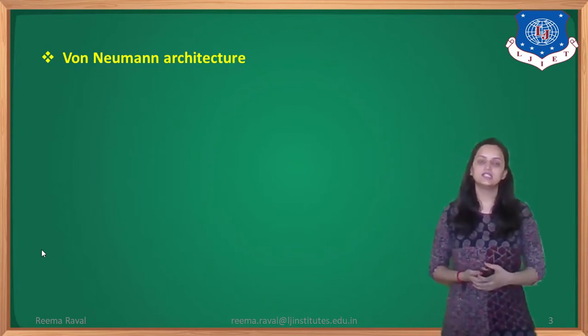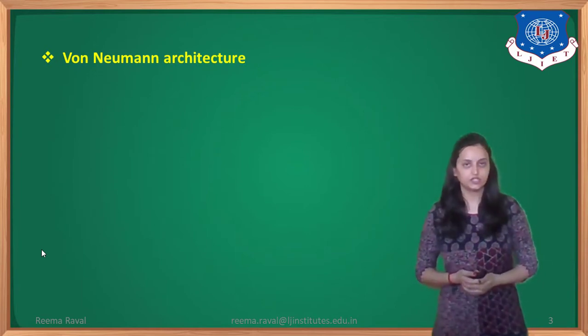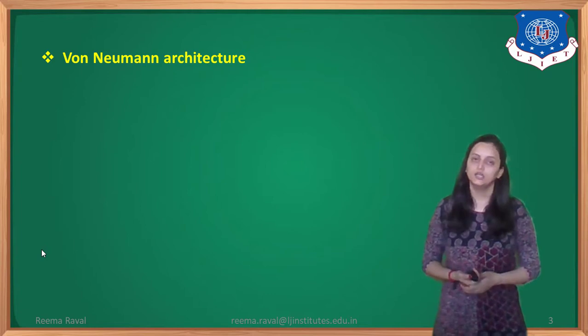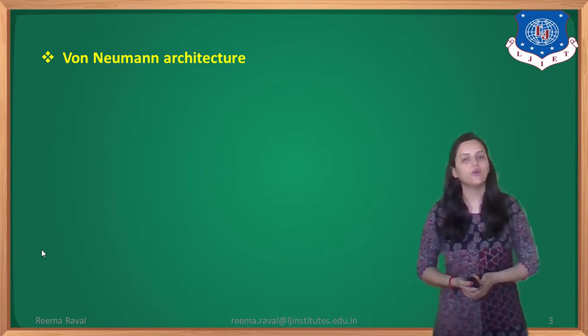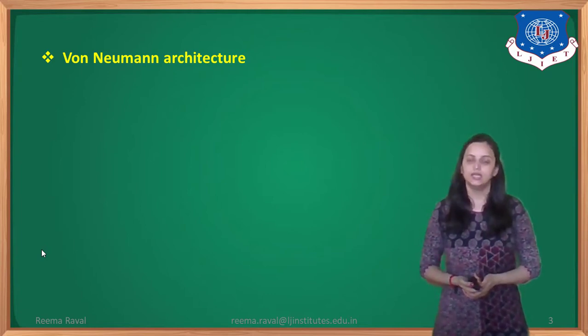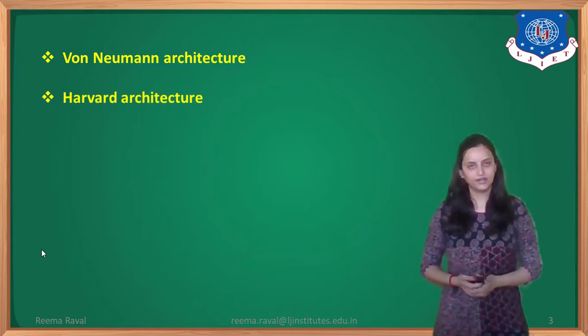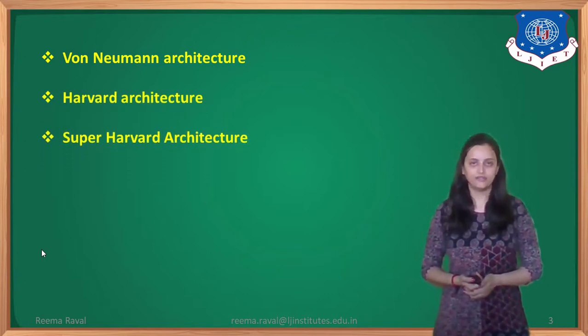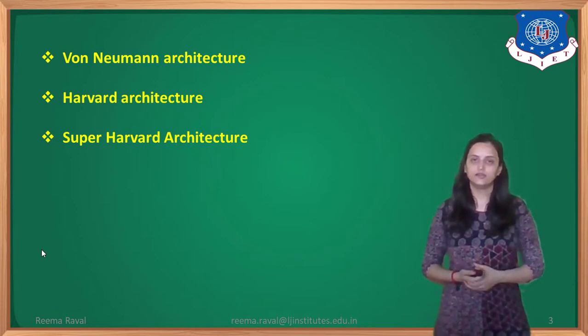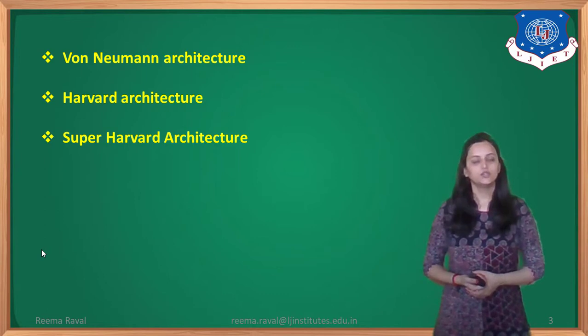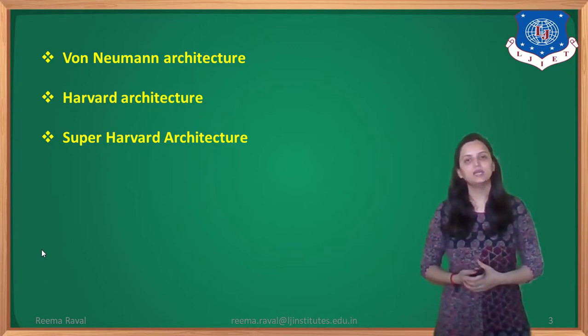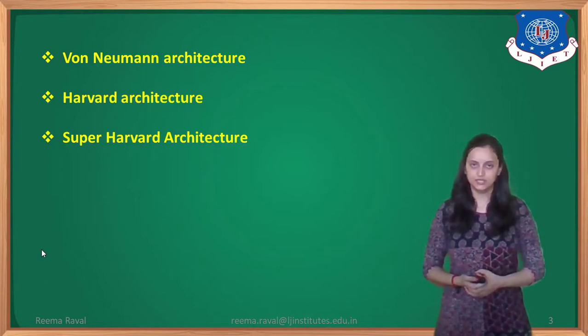So, based on this, there are basically three architectures in digital signal processing. The first one is referred to as the von Neumann architecture. The second one is Harvard architecture. And the third one is Super Harvard architecture, also called Modified Harvard architecture. These are the basic three DSP architectures that we are going to see.